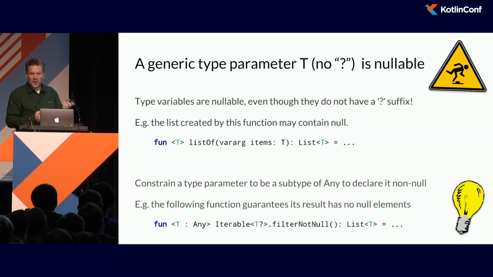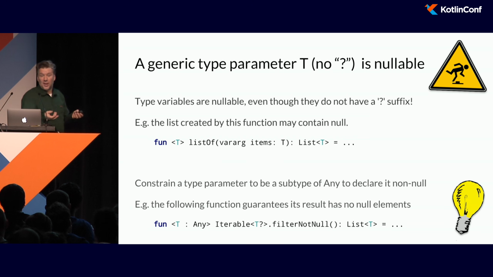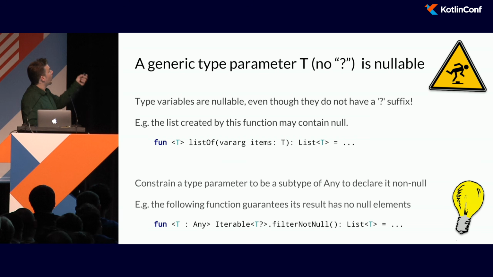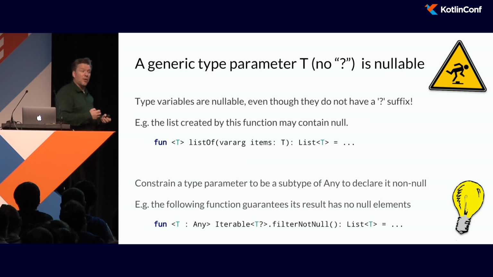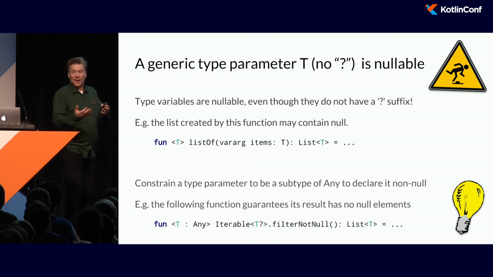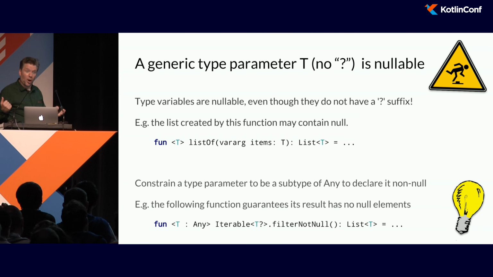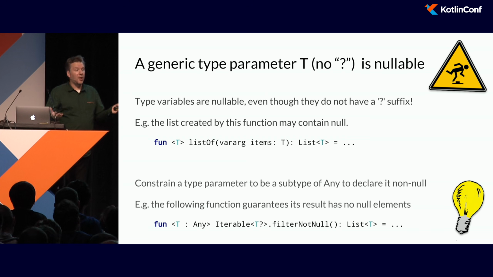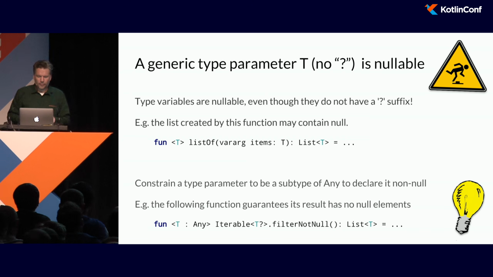Passing in an iterable of T question mark, therefore the iterable that's being passed in could contain nulls. It filters out null, returning a list of T which cannot be null. So the non-nullness of the return value is declared by the type system, and after calling it, the type system knows I don't have to check for nulls in any of the values of the list that gets returned.